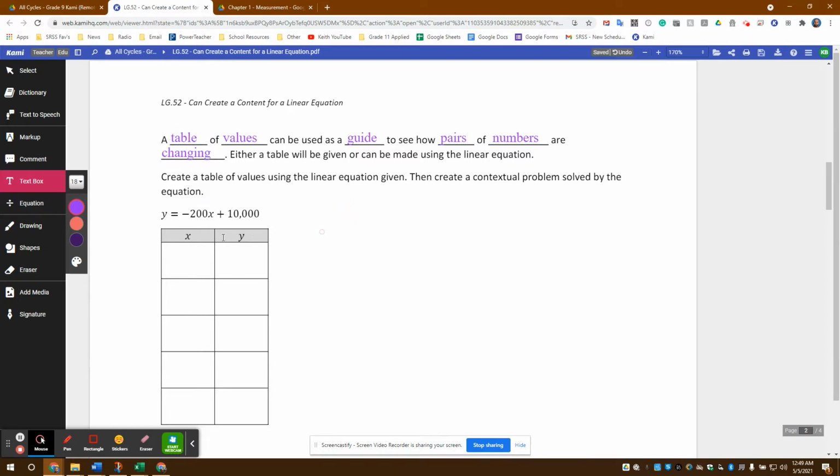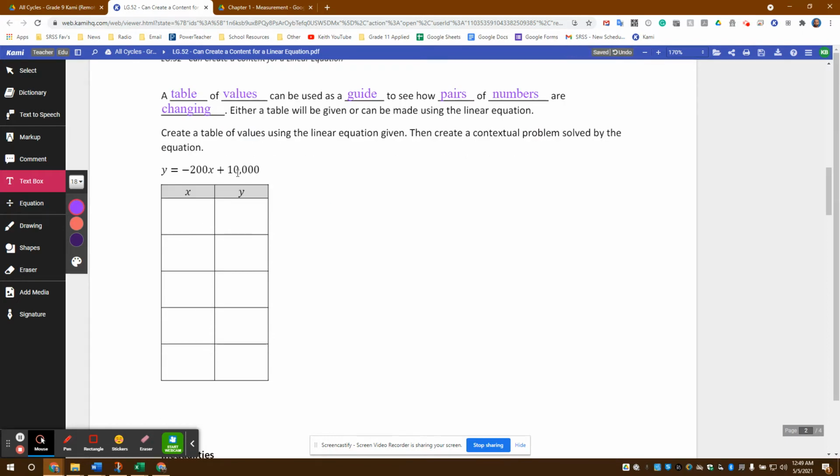So what I'm going to do is use this equation. I have y is equal to negative 200x plus 10,000. Now we can use our equation. I'm going to go through this really quickly. I'm going to use 0, 1, 2, 3, and this is going to be 4.